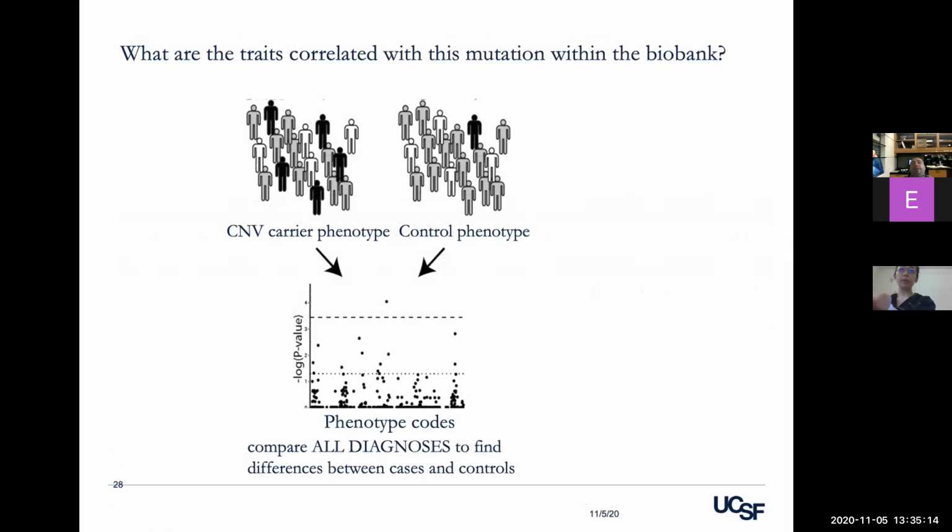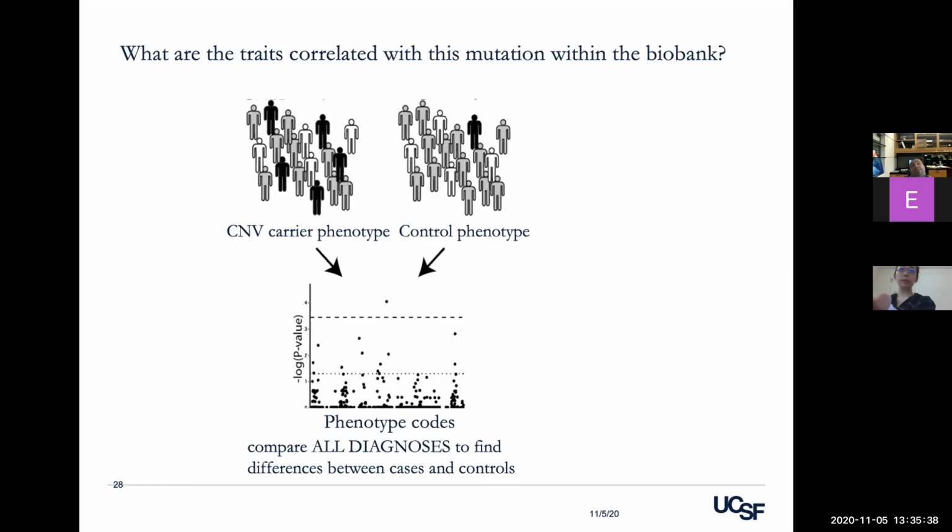And the question that we asked was, for people who had the CNV mutation, what are the other traits that these people are more likely to have? So this is an approach called PheWAS, the Pheno-Wide Association Study. And so what we do is we take these people who have the CNVs, and then we have controls.